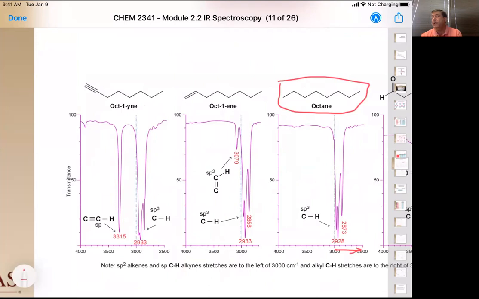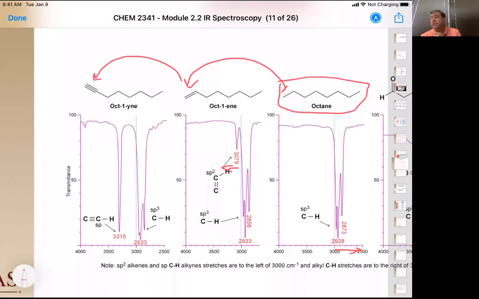However, if all we do is take away 2 hydrogens and turn it into the alkene, we are now going to have hydrogens on that alkene, and they will show up above 3,000. So notice we have our first peak above 3,000. And if we take 2 more hydrogens away and turn it into the alkyne, we now shift up to 3,300. Okay.